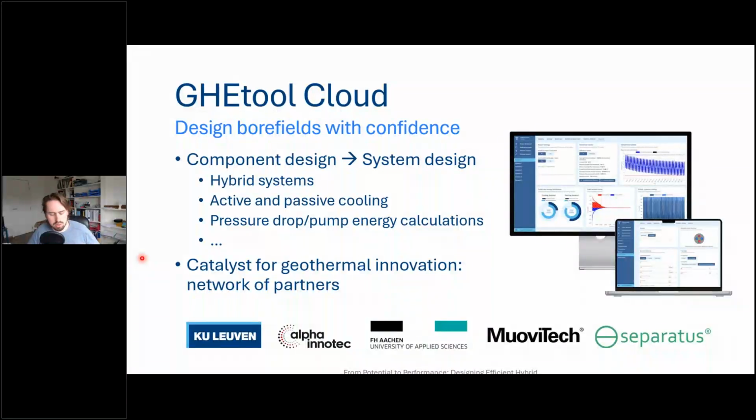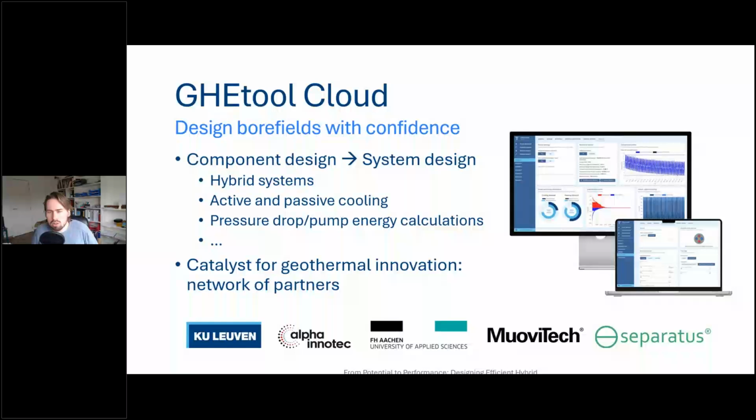So companies who are developing new technologies on their own, new heat exchangers, new antifreezes, etc. We want to work together with them to develop models, implement it in the software, so people, designers, can design the system with actually the newest innovations and models in the industry. And that's what we're trying to achieve with our software.